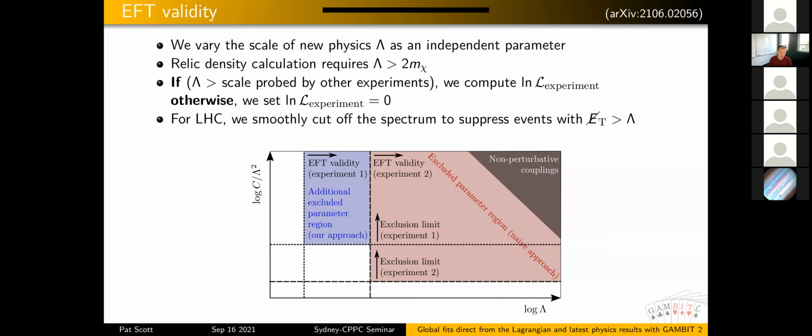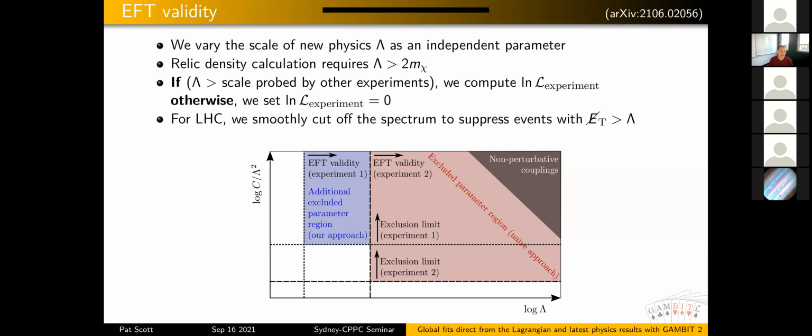Now, you need to be careful in how you interpret that, right? Because you probably would be sensitive to the actual UV completion, but we're doing an EFT analysis, so we're not specifying a UV completion, so we can't actually give any sort of sensible comment on how strongly that particular experiment would constrain arbitrary UV completions.